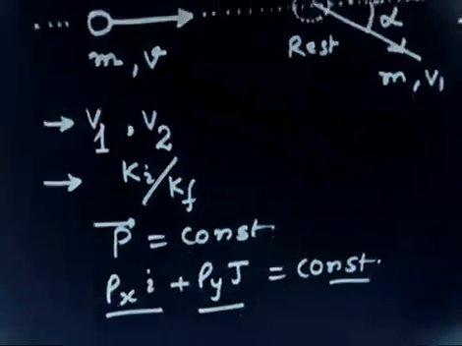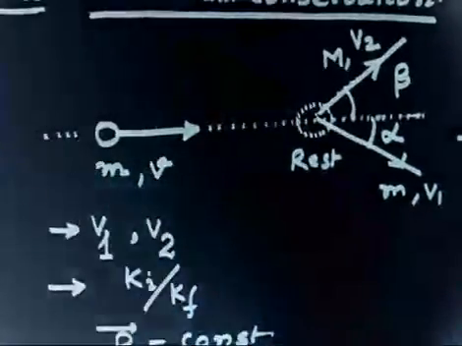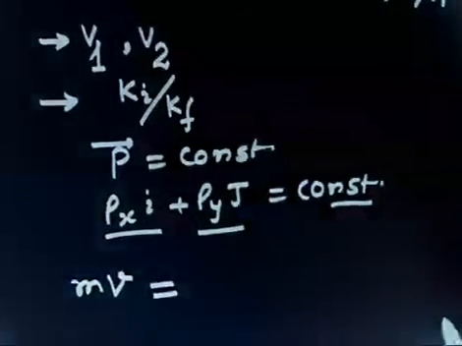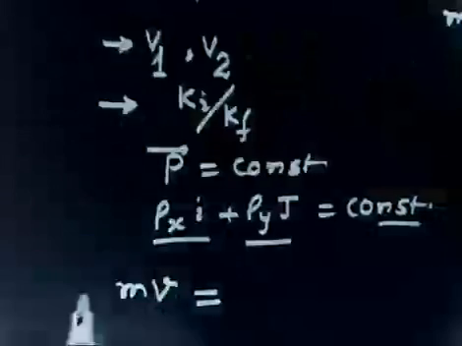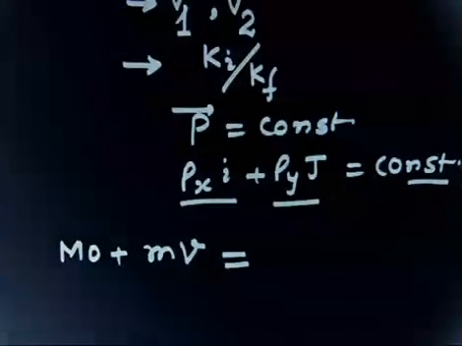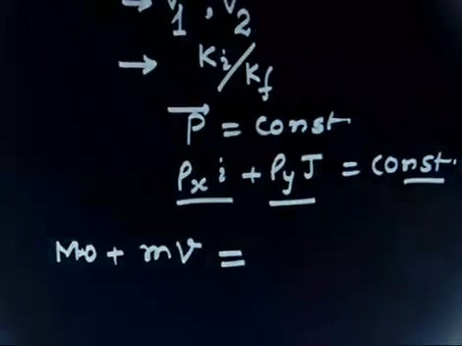If I write momentum conservation in the x direction, what is the initial momentum? Initial momentum is mv. Initially the momentum of the capital mass is 0, because its initial velocity is 0. So this is 0 plus mv.